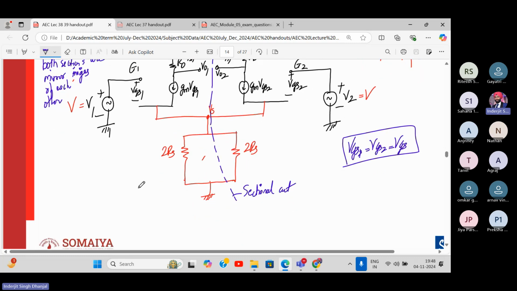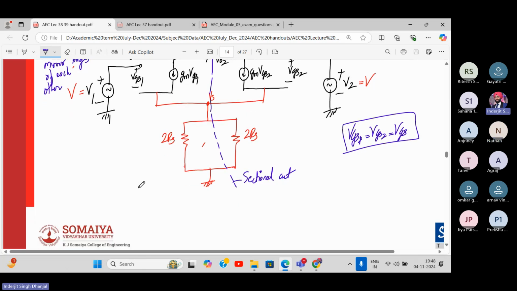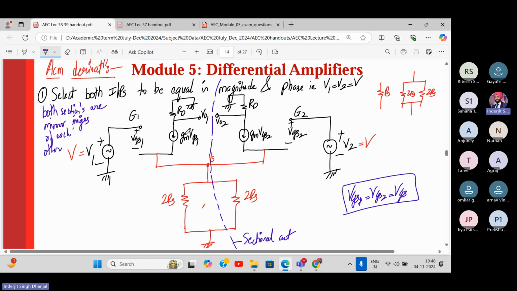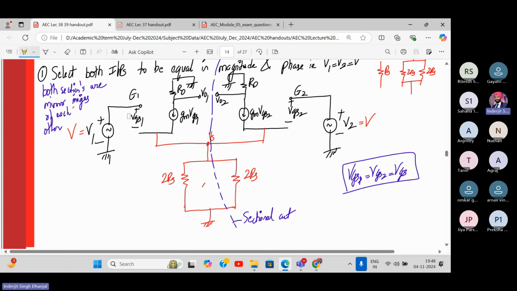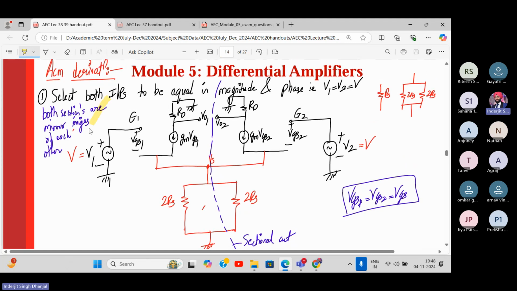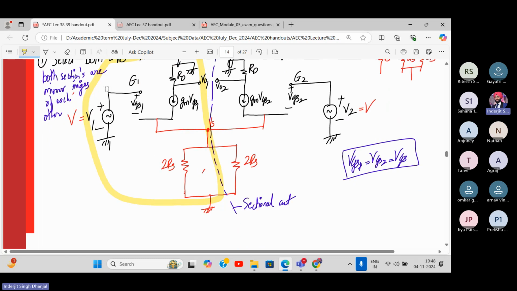Can we analyze the half circuit now? Quickly, can we do that? Yes, sir. Okay. So I'm redrawing the same circuit again down. So let's analyze this half circuit. Let me highlight this part. Let us analyze only this much circuit. So this is my half circuit.